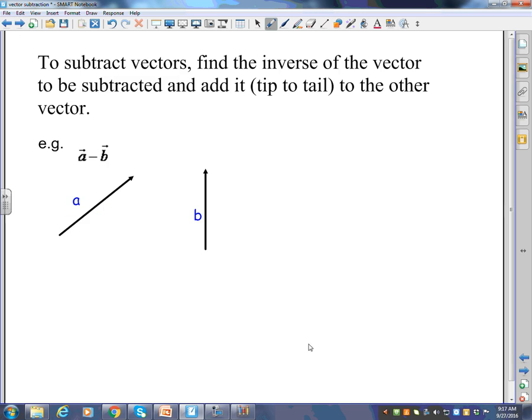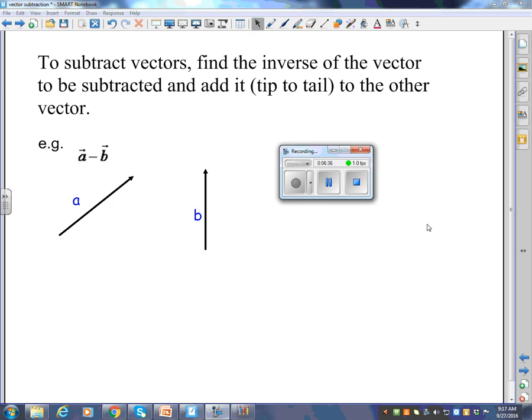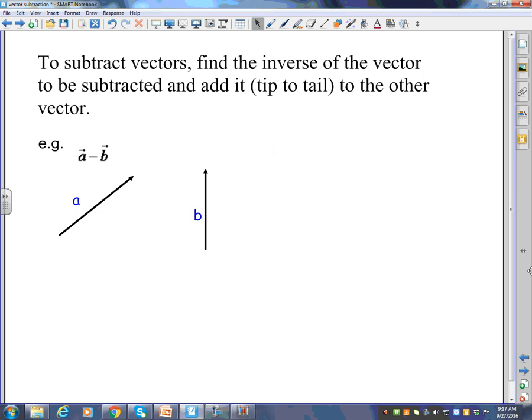Okay, so to subtract vectors, what you do is find the inverse of the vector to be subtracted. Find the inverse, find the opposite, and add it tip to tail to the other vector. Just like you did with 10 minus 6. I said 10 minus 6 was the same as 10 plus minus 6.